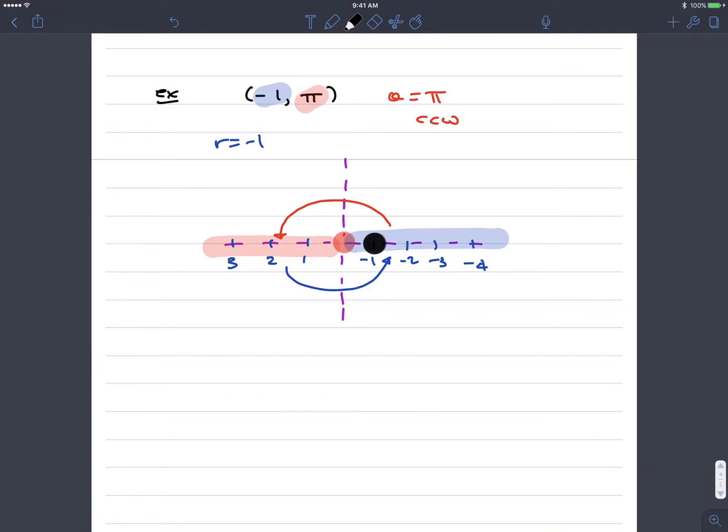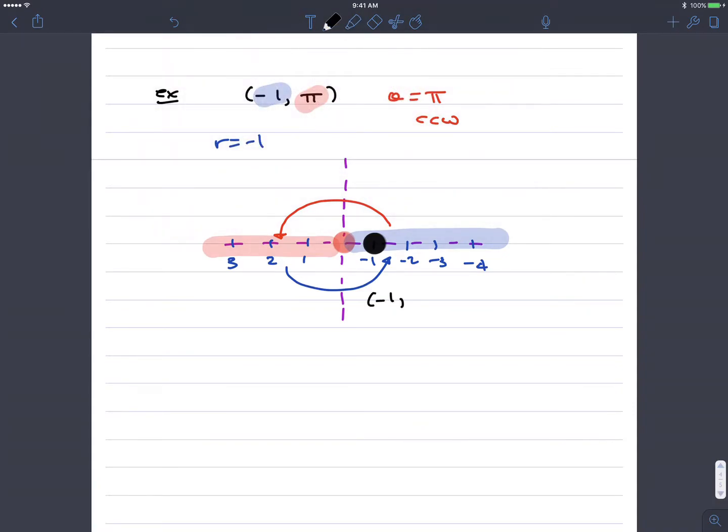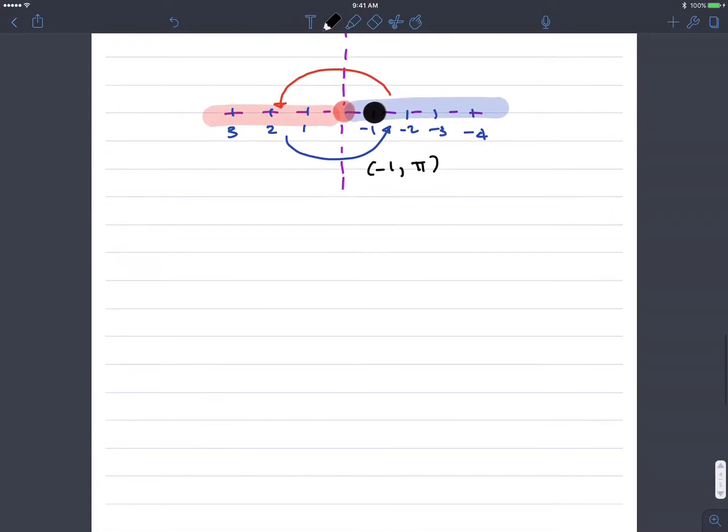That's where your negative radius of 1 would be. So start with the angle theta, and notice again, every distance there is positive. Negative is on the other side, opposite the angle, meaning add 180. And this is the location now of negative 1 and pi.